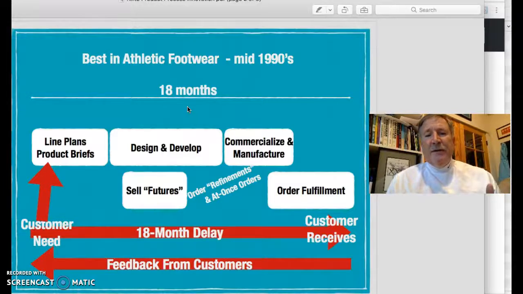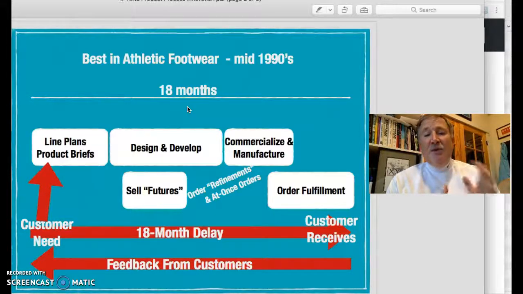Nike in the 1990s looked at 4 seasons in the year, divided the year into 4 parts, and then also looked at sport categories. Its product line was arranged by sport categories. So running product, basketball product, football product, and so on.